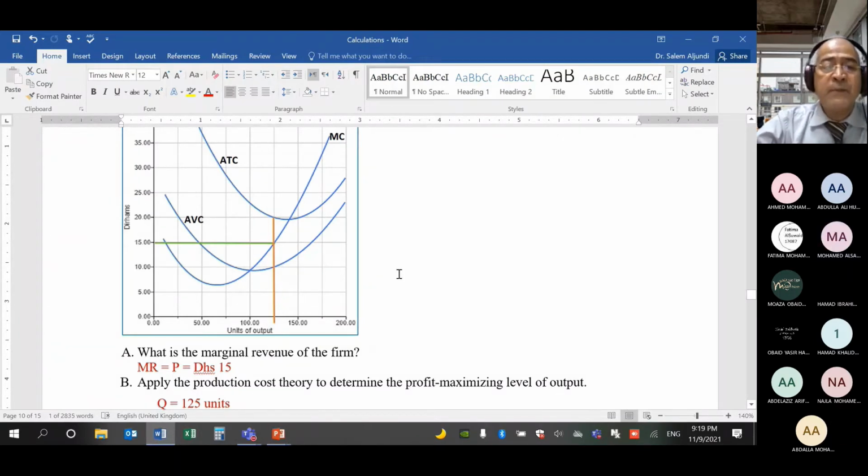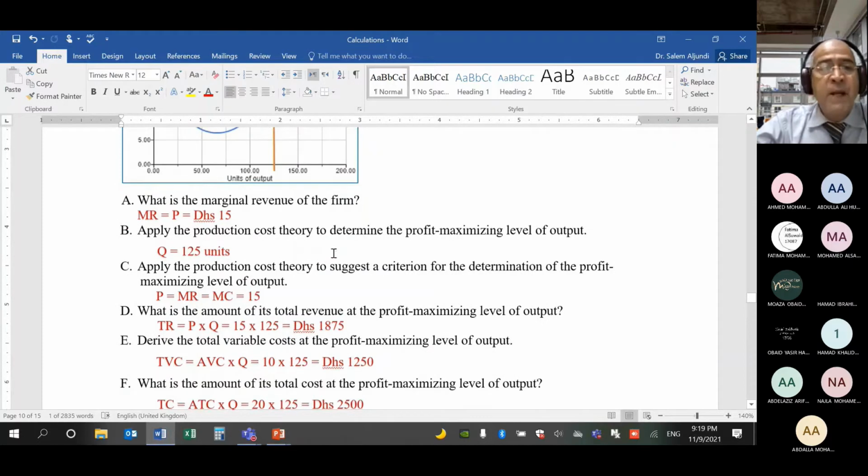Okay. Ahmed Muhammad. Apply the production cost theory to suggest the criterion for the determination of the profit maximizing level of output.